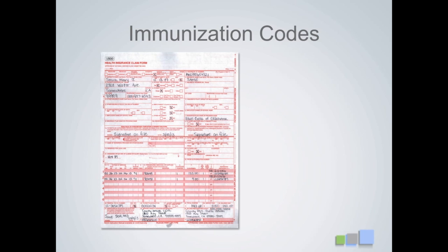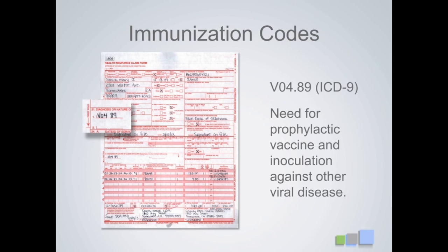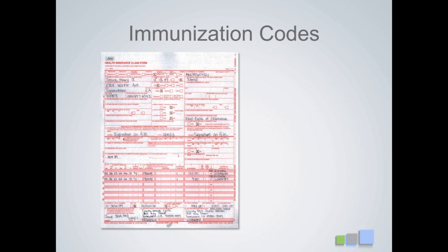Continuing with Mary's HPV vaccination claim, we enter the why, or diagnosis information. This is reported on your claim using the ICD-9 code. In this case, it's V04.89, the need for prophylactic vaccine and inoculation against other viral disease. Next, add what, meaning what treatment was given. The CPT codes give this information.